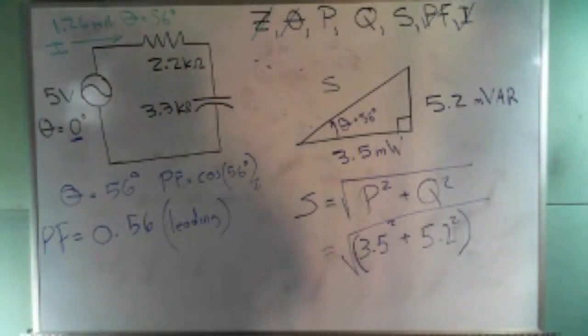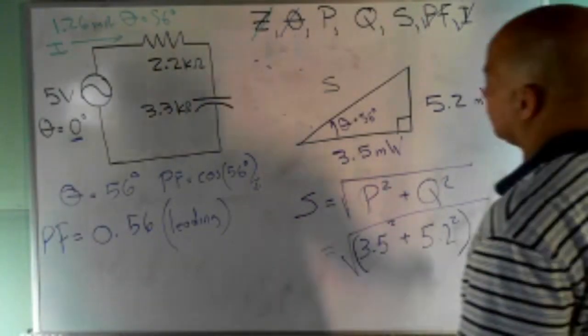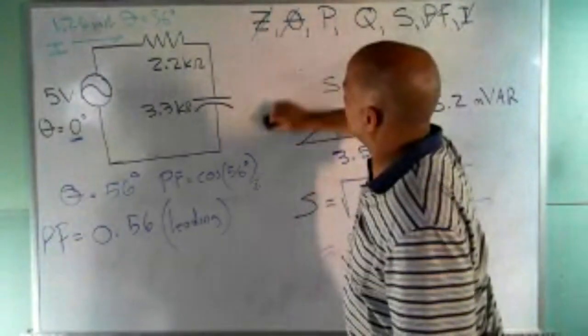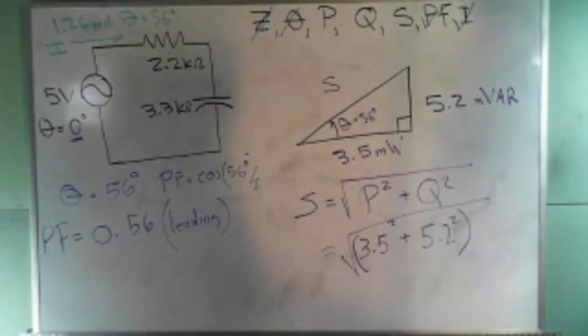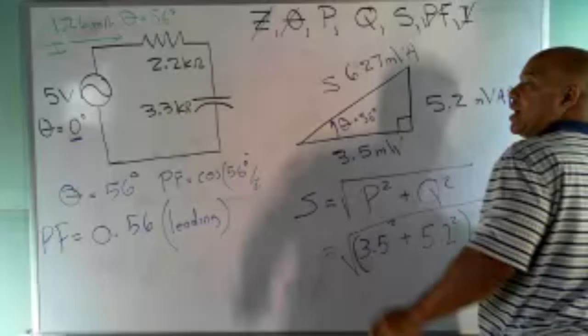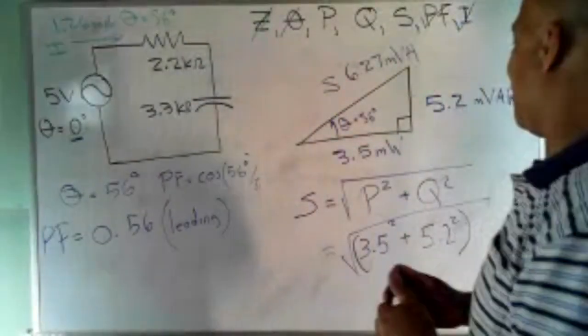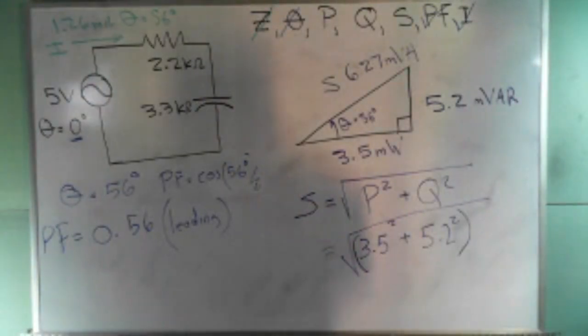Let me know when you got an answer. I got 6.27, but don't quote me on that. I got 6.27 as well. Agreed. All right, so we're done. So there you go. There's the power triangle showing now.